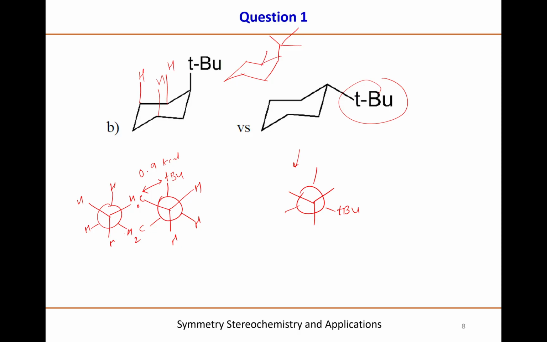So here again this interaction is very close, so the energy of this one will be higher compared to the tertiary butyl group present at equatorial position, because of the 1,3 diaxial interaction, which makes the molecule more unstable compared to the other one. So this is the most stable structure, at equatorial position.